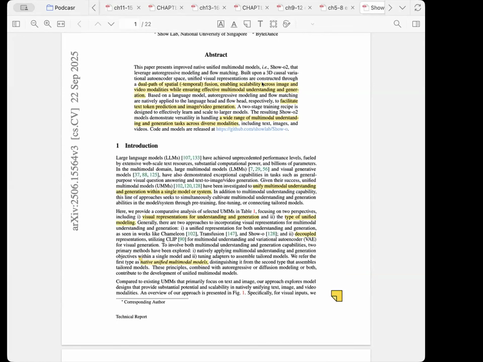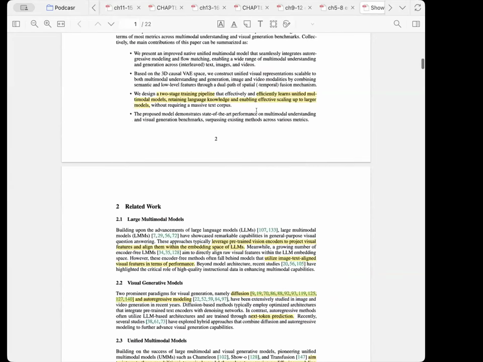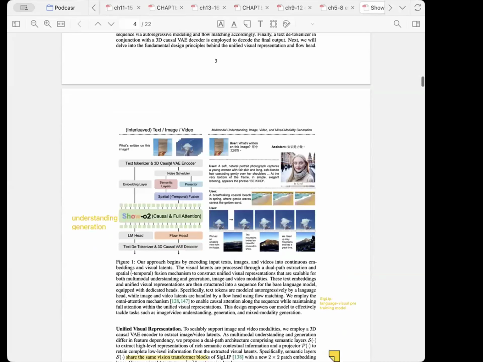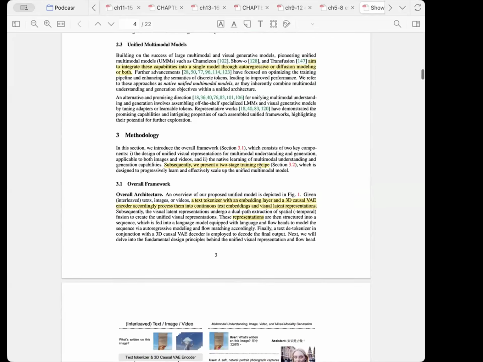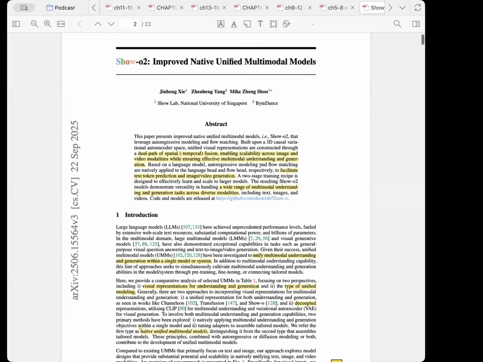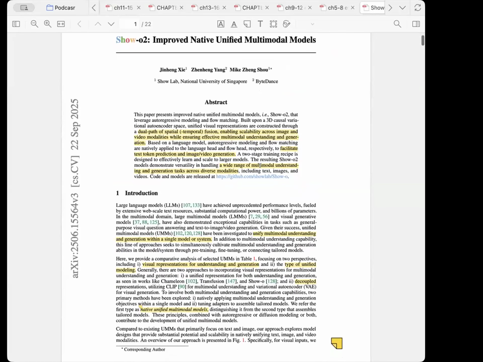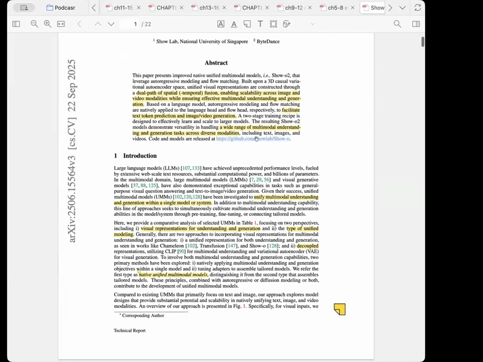It has a spatial-temporal fusion that enables scalability across image and video modalities while ensuring effective multimodal understanding and generation. In the later parts, we'll go to a picture that shows how the model works and an example of the output. It uses a two-stage pipeline as well as a dual-path architecture to support the model.